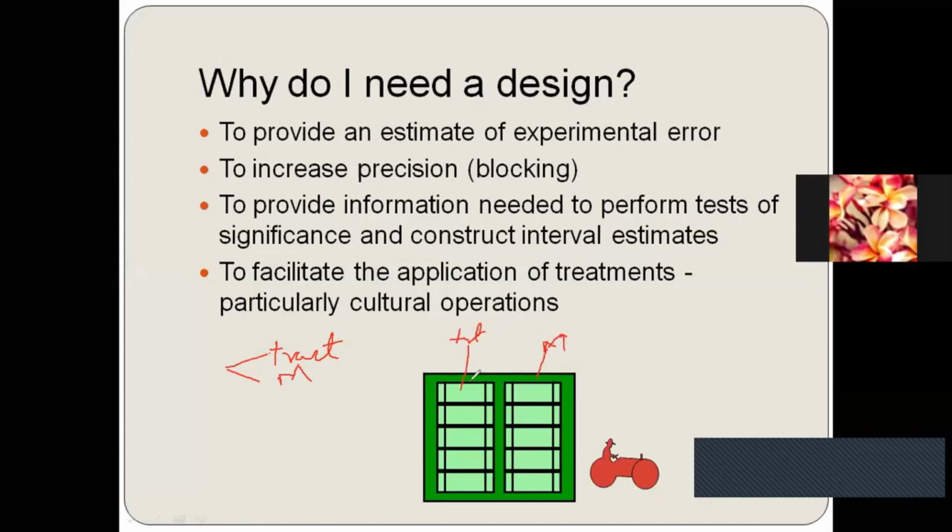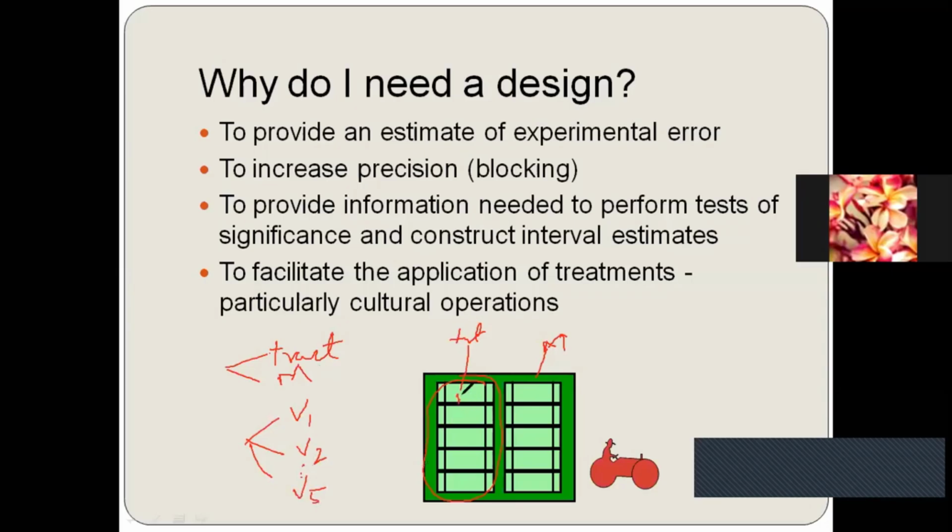Why do we want a large plot for the tractor? For this character, ploughing, because a tractor cannot turn on a small plot, isn't it? So we need a more or less larger plot. The second aspect is variety. I have 5 varieties, variety 1, variety 2, variety 3, up to variety 5.